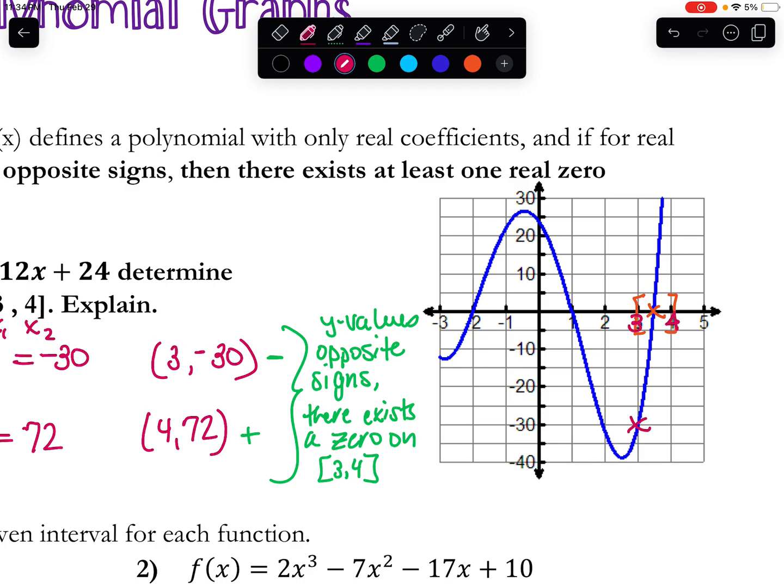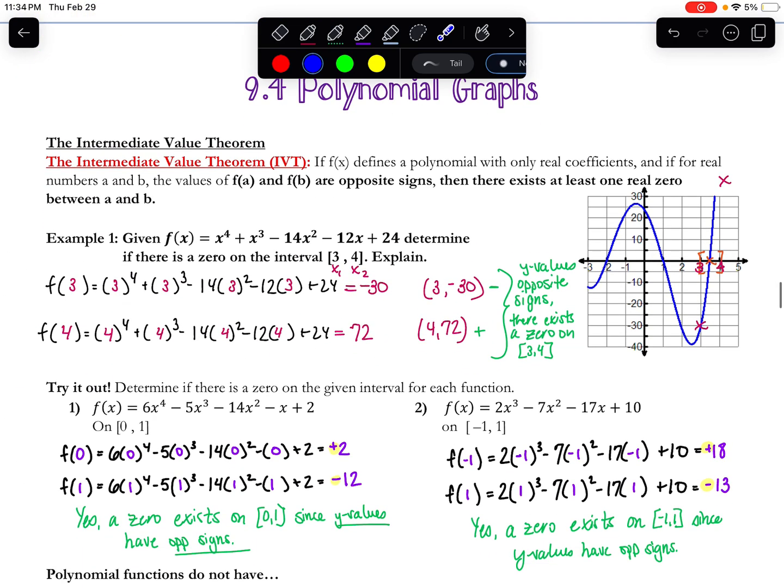When x is 4, its y value is way up here. Of course, to connect from here to here, we're going to have to cross through the x-axis. So it makes sense that if the y values have opposite signs, at some point we're going to have to cross 0 to go from negative to positive, right? So that's all the intermediate value theorem says.